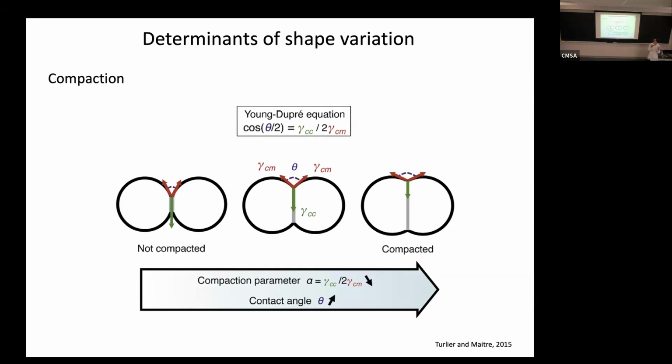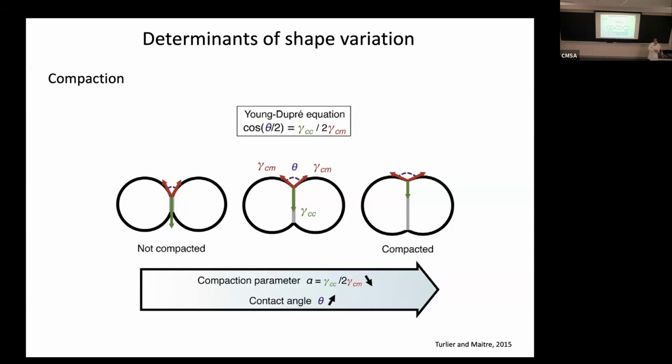I'm not going to go into the history of this, but it started with the differential adhesion hypothesis, where the idea was that if there are two populations of cells that have differential adhesion to one another, let's say a cell type A and a cell type B, and you mix them together, but cell type A likes to adhere to one another much more than they like to adhere to B, they will eventually sort because of this differential adhesion preference.